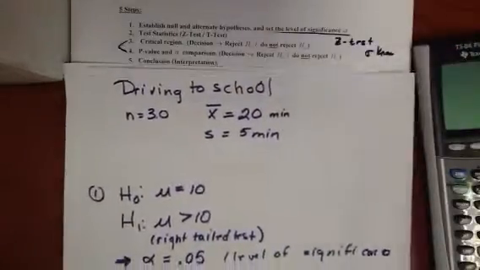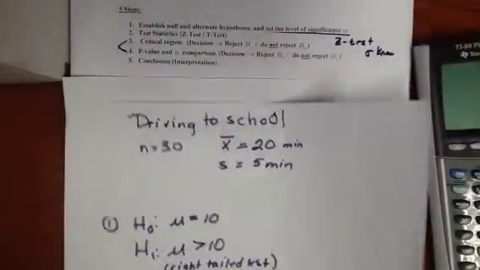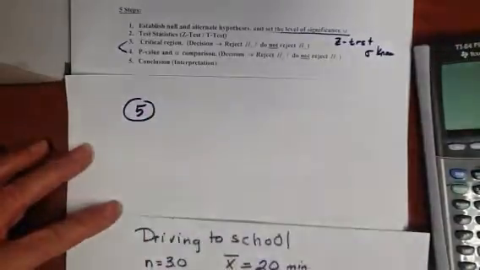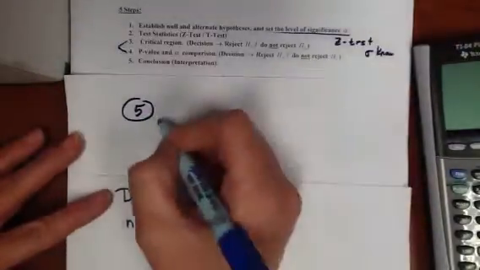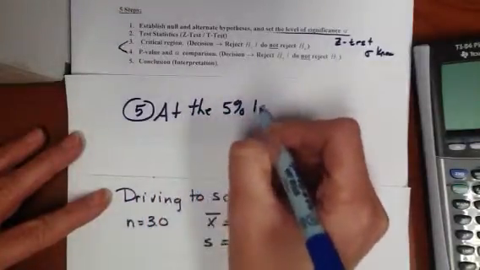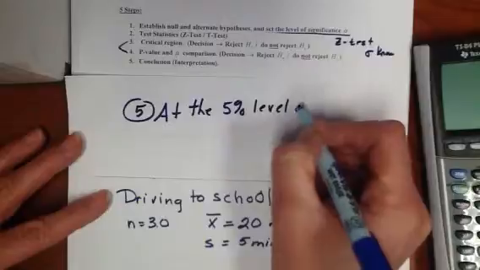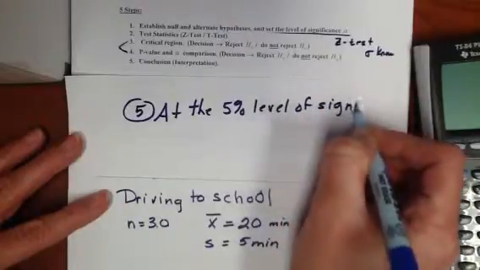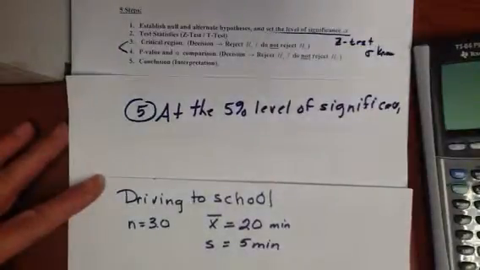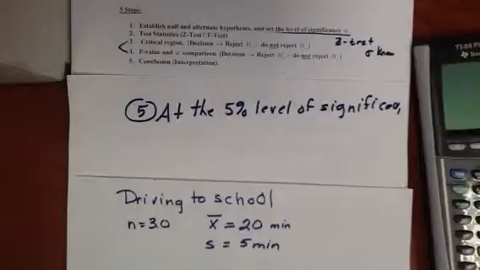So that's steps 3 and 4. Step 5 is our conclusion. In our conclusion, we will say at the 5% level of significance, and here we either say we have enough evidence or do not have enough evidence.